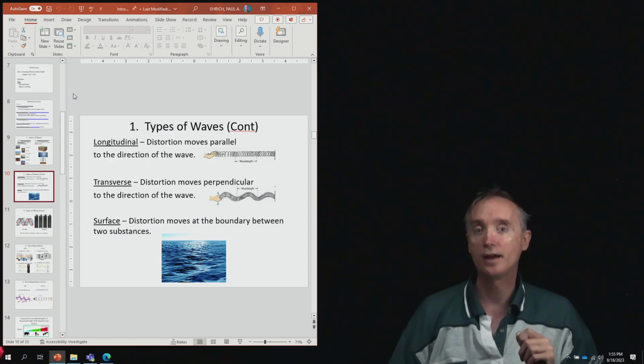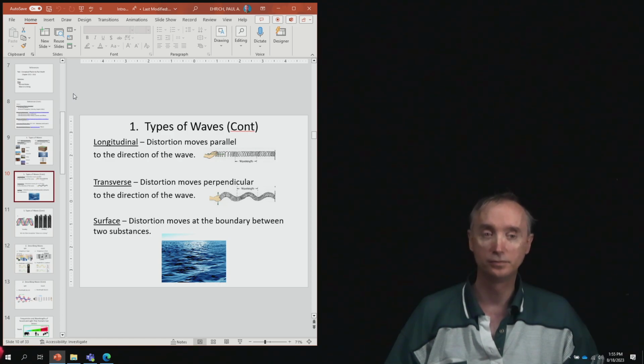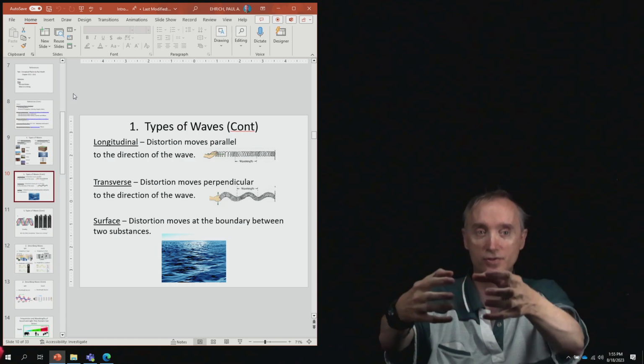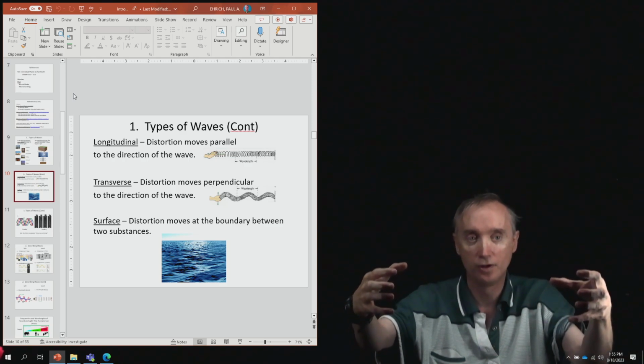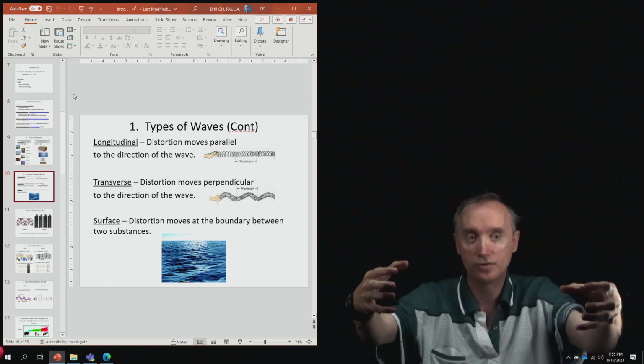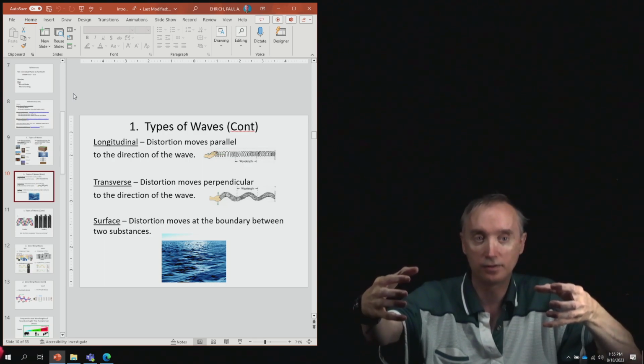Okay, then you have transverse waves. So again, find a video that shows this. Okay, did you watch it? All right, so this time you stretch out your slinky, but instead of giving it a shove, what you're going to do is you're going to give it a shake like this.